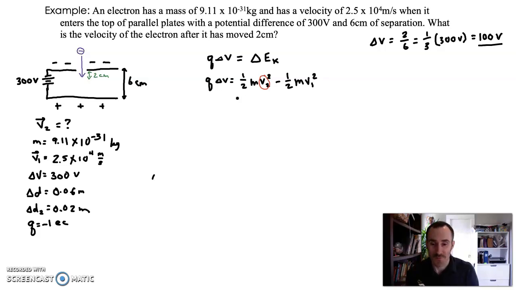Okay, so here we go. V2 is going to be equal to the square root of Q, change in V, plus half mv1 squared. We also need to multiply this by 2.